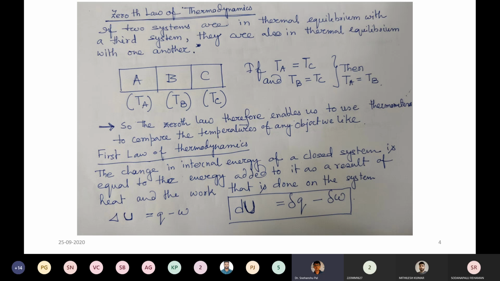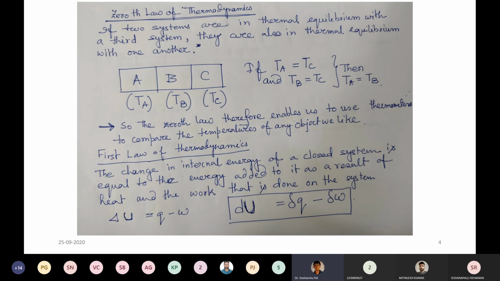So you should have an exact differential if you go for the differential form of this equation. That's why dU is an exact differential, while đq and đw are inexact, because q and w are both path dependent. Different path variables are going to influence these path functions.